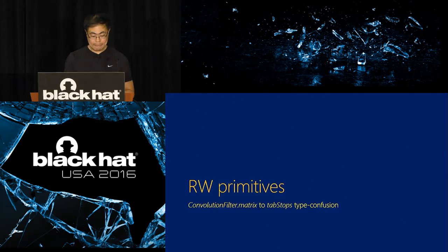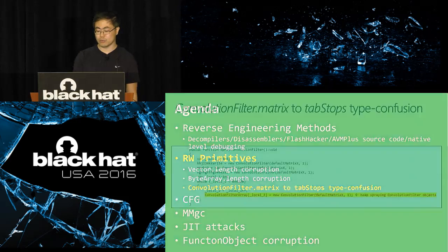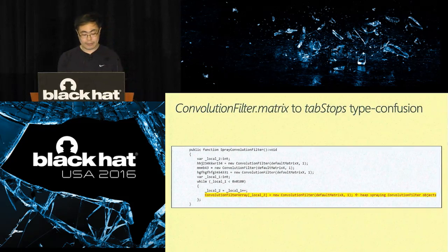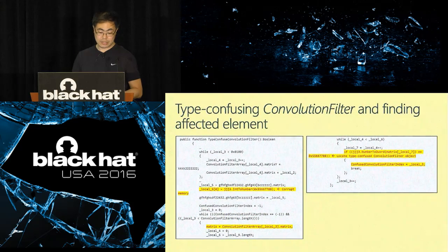So the next one is kind of a tricky one, the convolution filter matrix to tabStops type confusion. We just saw this once, and it uses a specific matrix array, and it will induce the confusion. The confusion process is very, very complicated. It's not easy to understand here.